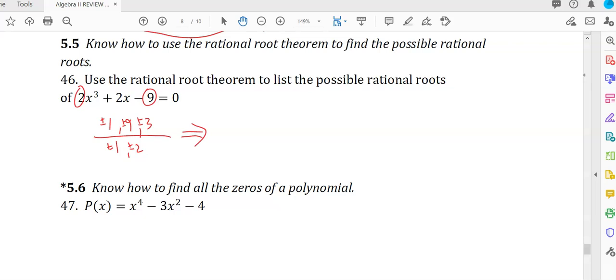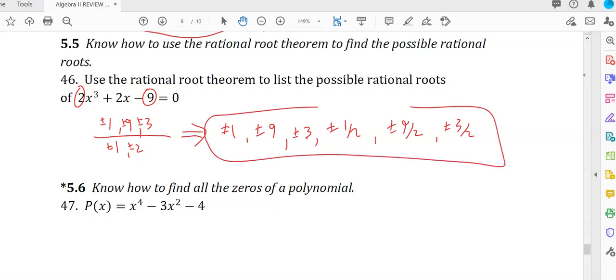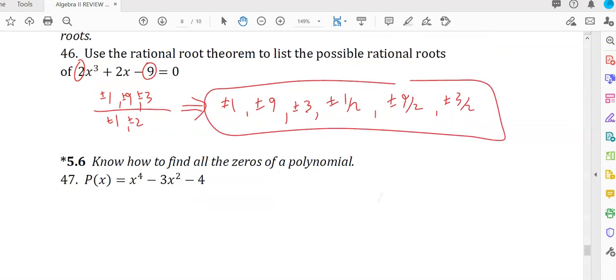Everything over 1 is just 1. So plus or minus 1, plus or minus 9 over 1, plus or minus 3 over 1. Those are all integers. And then we have everything over 2. So plus or minus 1/2, plus or minus 9/2, and plus or minus 3/2. So all 12 of those answers there.